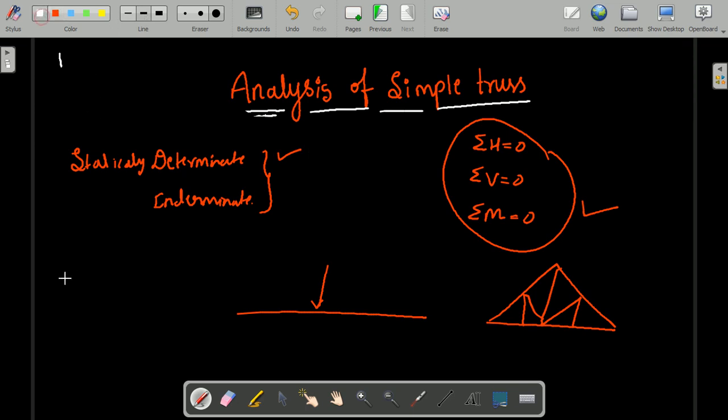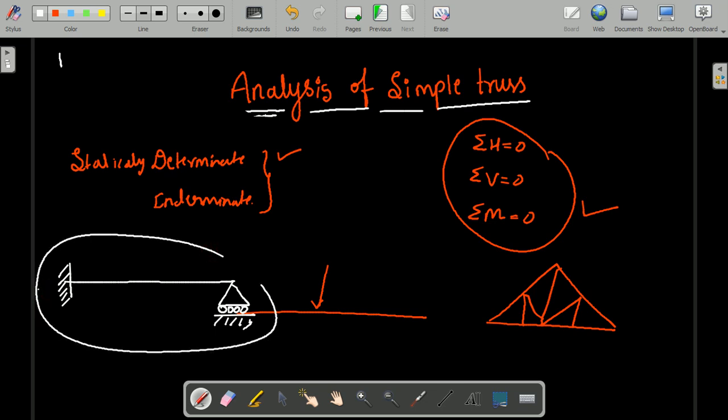Suppose you have a beam, where a fixed support is there, and at the other end we can consider a roller support. Consider this entire beam: we have four unknowns here: horizontal force, vertical force, moment at this support, and the roller support force is also unknown.